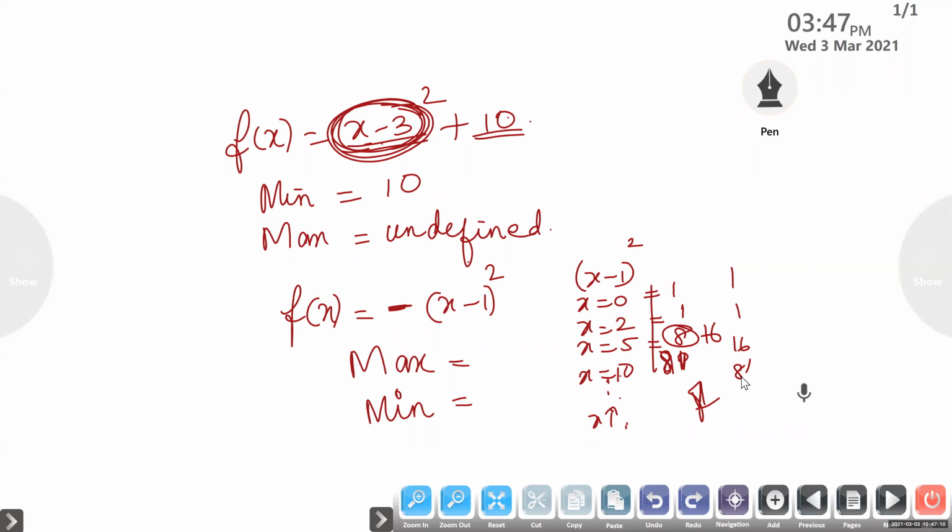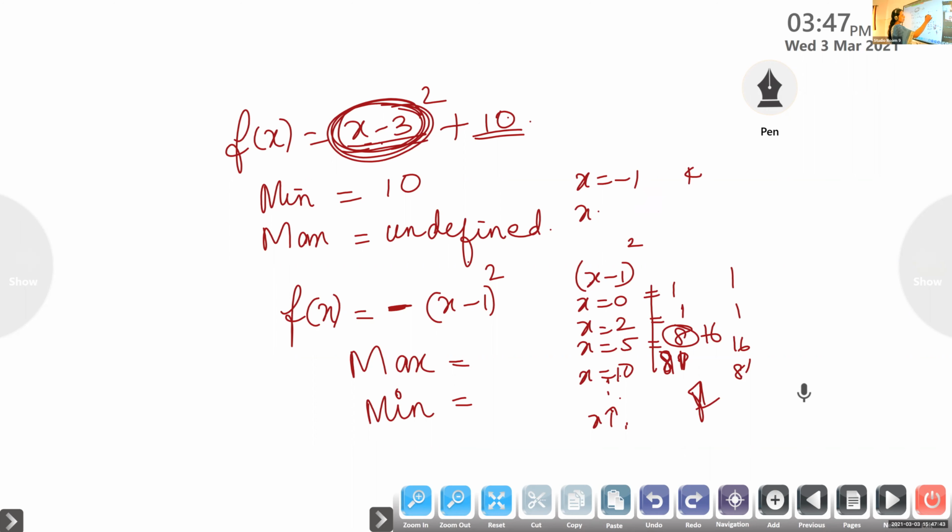No, ma'am. That means it has undefined values; it has no maximum. Maximum is not defined. But what is the least value you will get? Suppose I put x is minus 1. What is the value? 4.